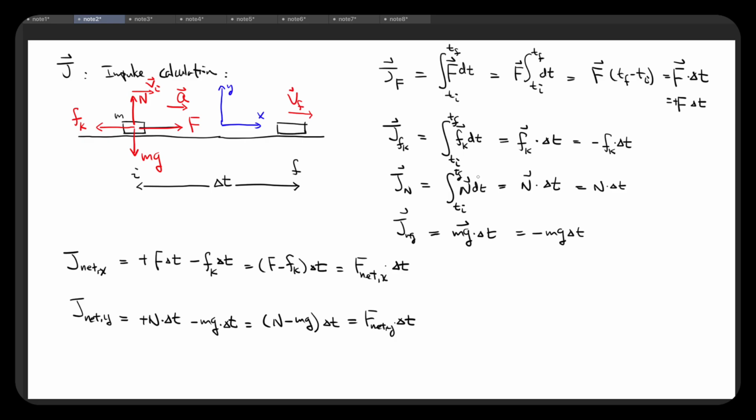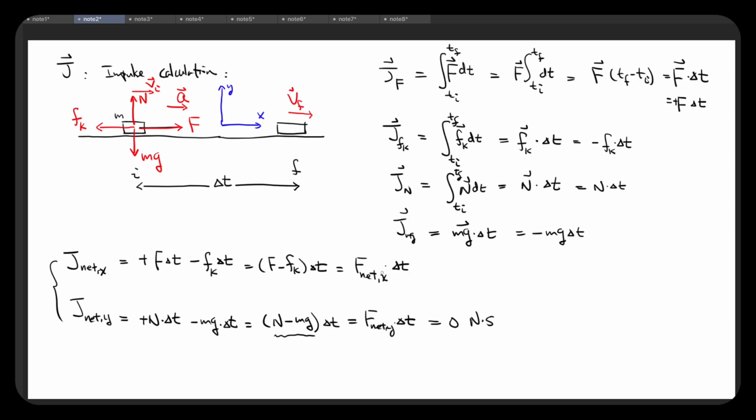We know the object's motion, so we know it is in equilibrium in the y direction. So these two forces must be equal. Therefore, we have a 0 here. When we talk about the net impulse, the SI unit is the Newton second. It's a derived unit from the force product with the time.